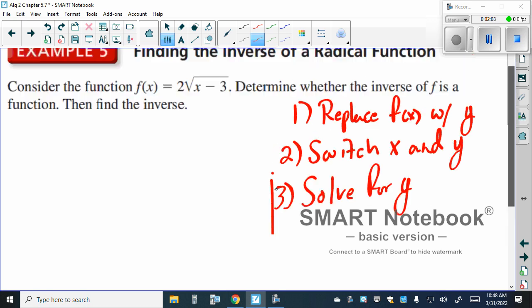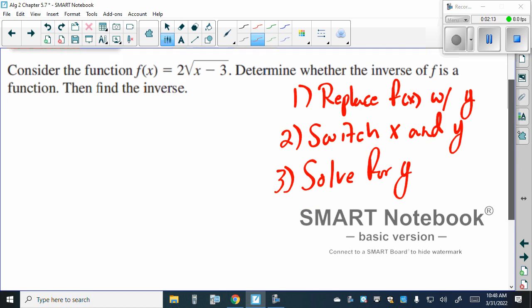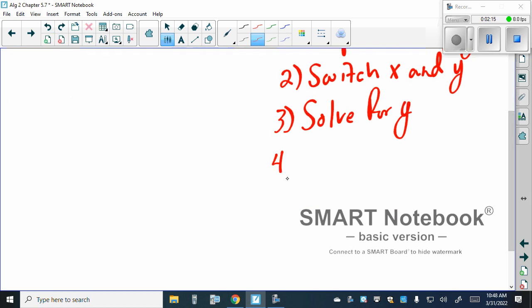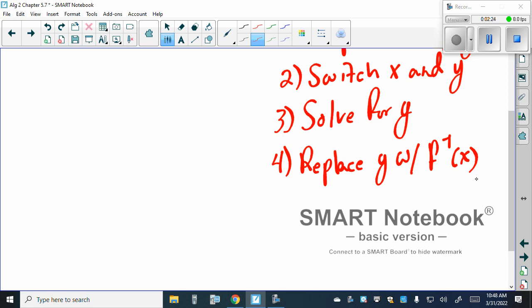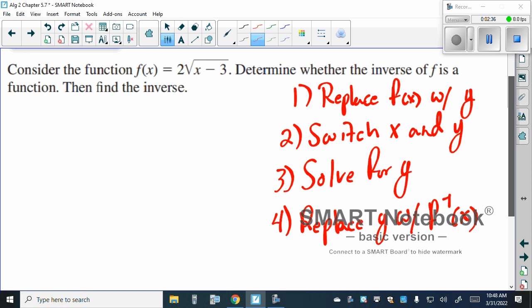And our fourth and last step is to replace y with f inverse of x. We had these four main steps yesterday because we wrote them down on the first page, so I'm just rewriting them so that we have them. I did write them up on the whiteboard. Yesterday I might have said replace or switch, one of the two, but we're talking about the same thing.